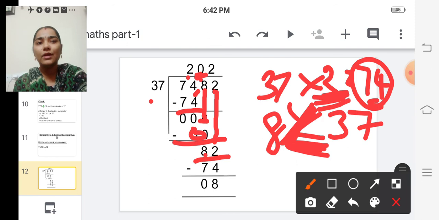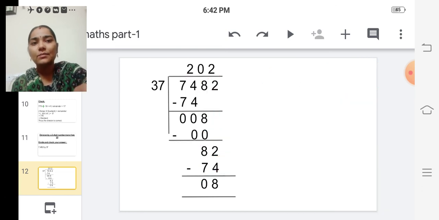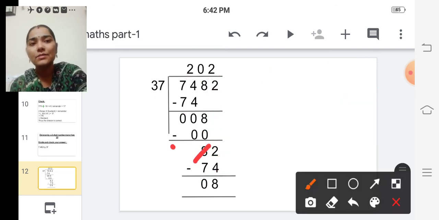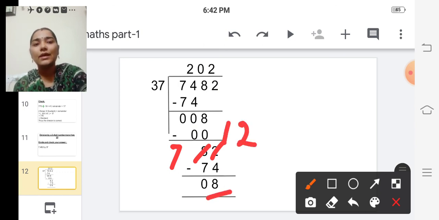So we are going to write this 2 in the quotient and write the 74 here, and we are going to subtract 74 from 82. Okay, so let's subtract. So this becomes 7 and this becomes 12. 12 minus 4 is 8. So we are getting the remainder 8.